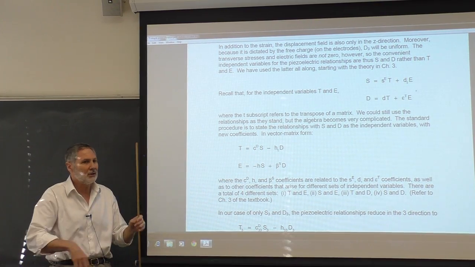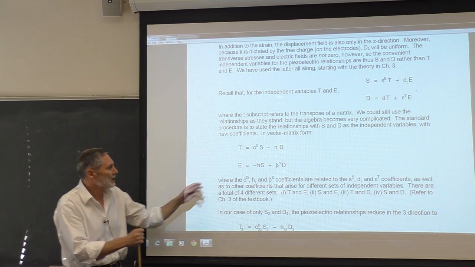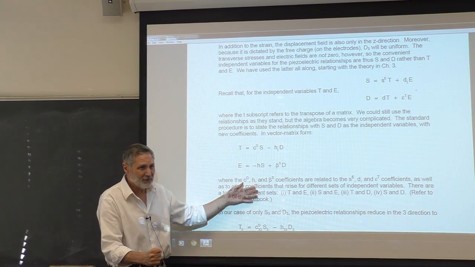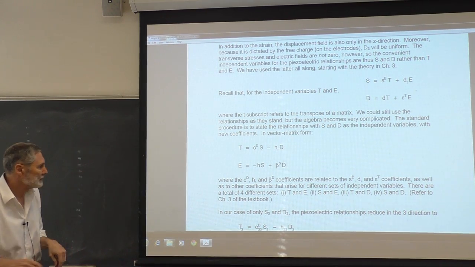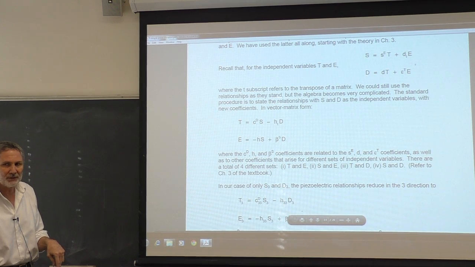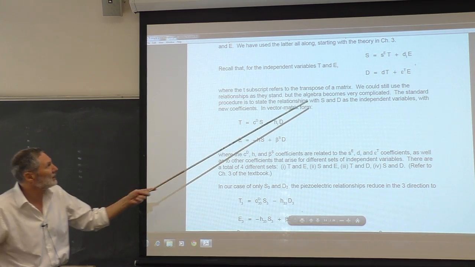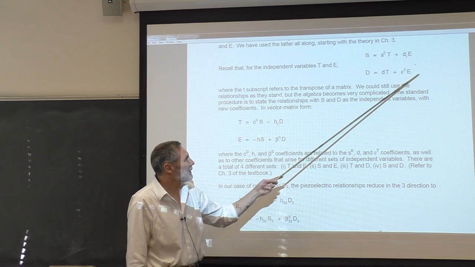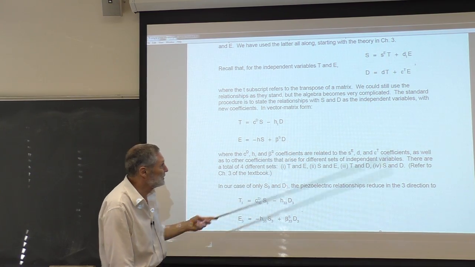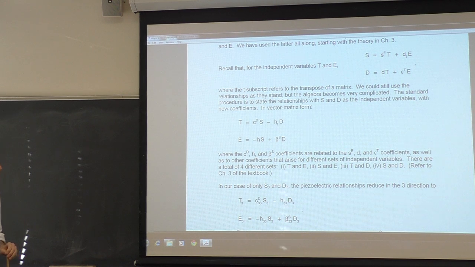The coefficients are all interrelated. There's no new physics. Brian has a lot of this information in the book, in chapter 3, which we kind of skipped over. I mentioned it briefly because I thought this was complicated, so I thought it'd be best to stick with that for as long as we could.